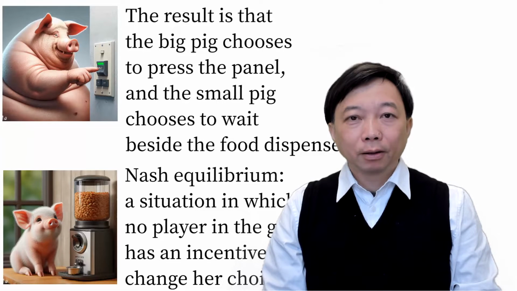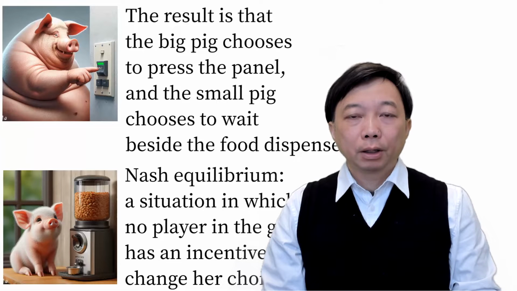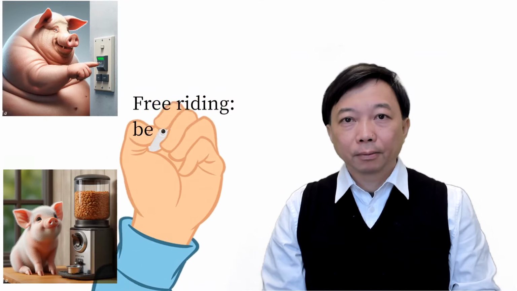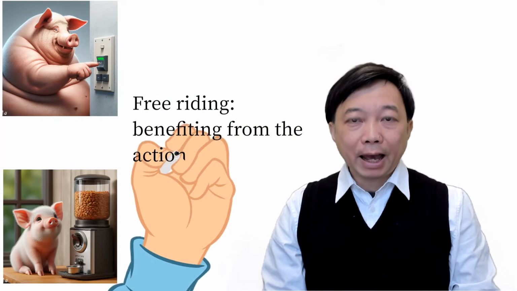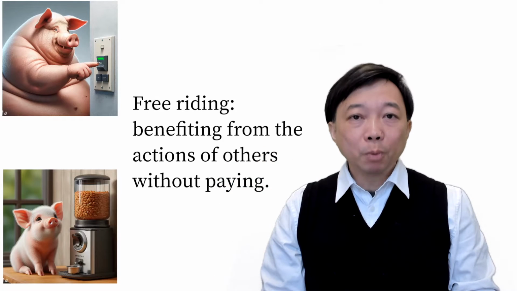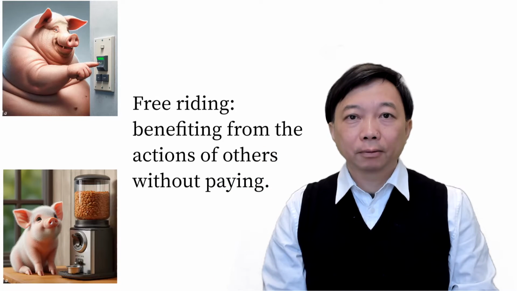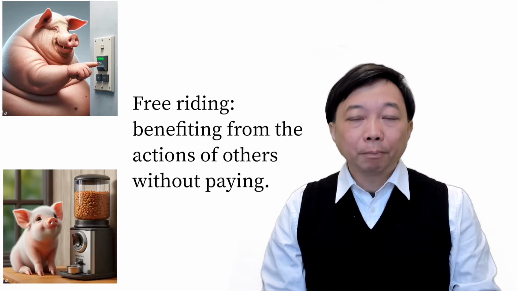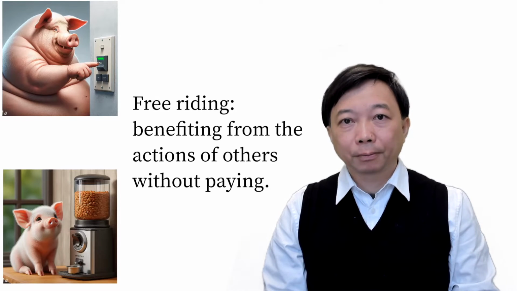The small pig does not pay for what she gains. In economics, it is called free riding, benefiting from the actions of others without paying. The small pig is a free rider. She does not do anything but benefit from the big pig's action.